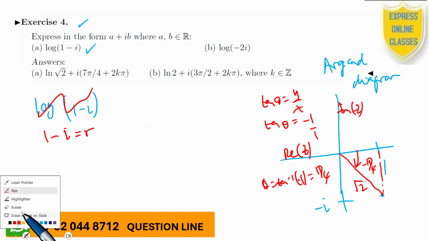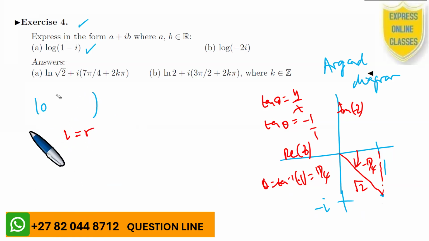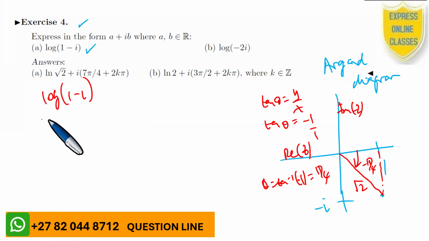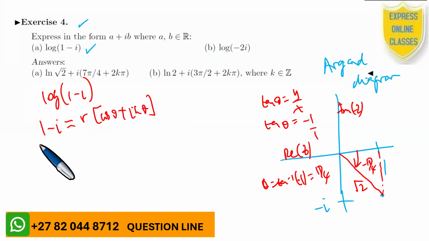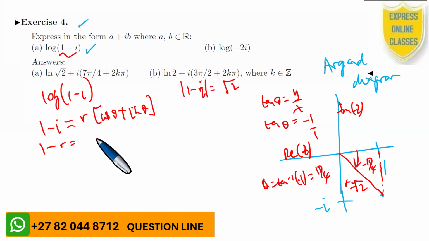So to get the log of 1 minus i, you start with 1 minus i, and it must be r cosine theta plus i sine theta. What is the r? To get r, you take the modulus of this number, 1 minus i, which is the square root of 2. And then you have the cosine.